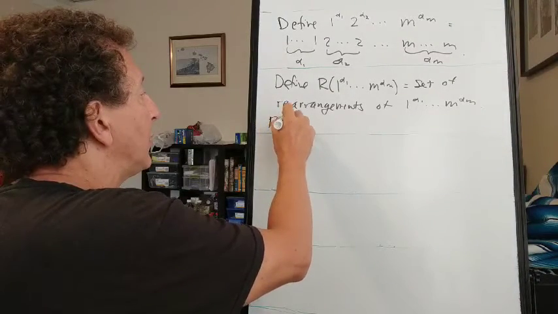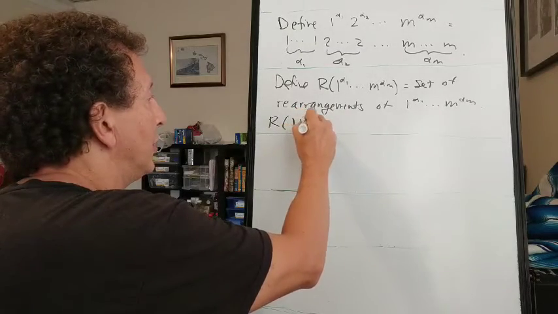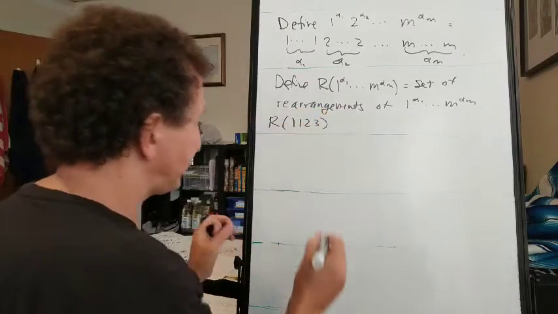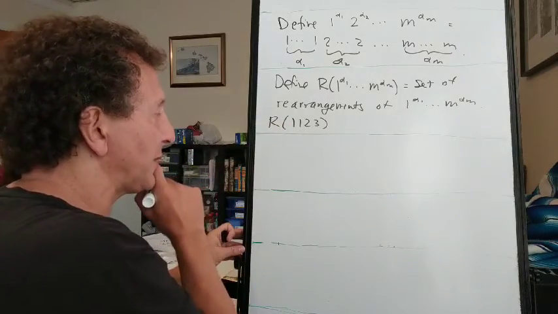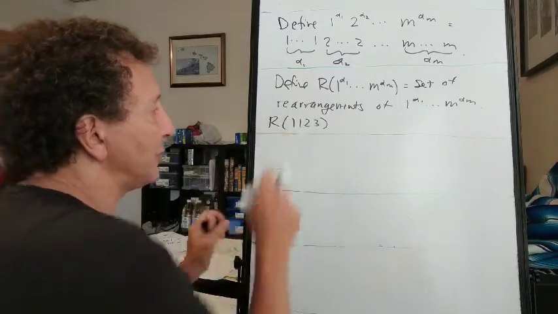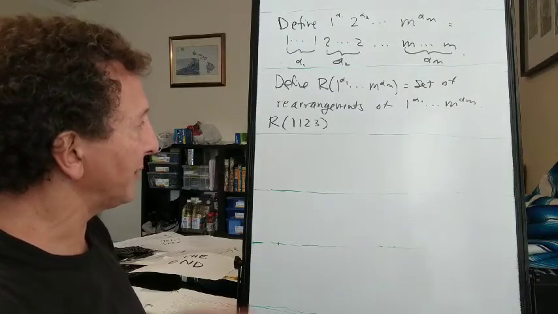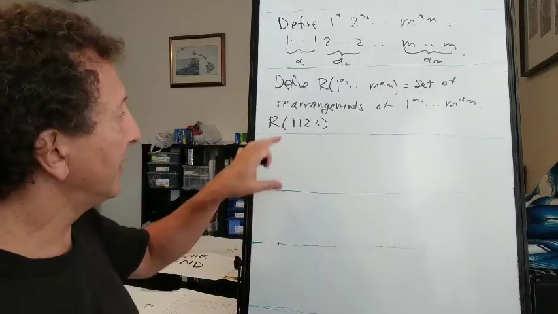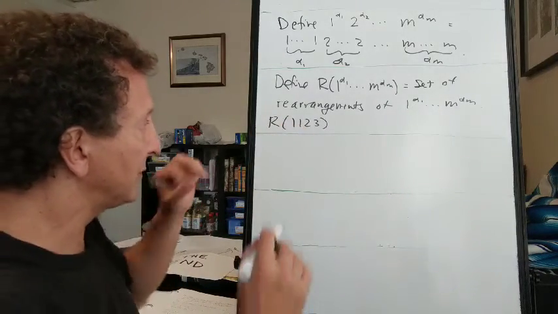So for example, let's look at the rearrangement set of the word 1 1 2 3. There's 12 rearrangements of 1 1 2 3 because we've got 2 ways to choose where the ones are going to go, and then for every one there's 6. For every placement of 2 1s, we can have the 2 before the 3 or the 3 before the 2.